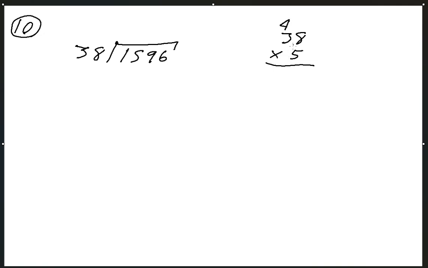Put the 4 up here. Put the 0 down here. Okay, 3 times 5 equals 15, plus 4 equals 19. So the key is that you don't go above 159. 190 is more than 159, so you cannot use the number 5.